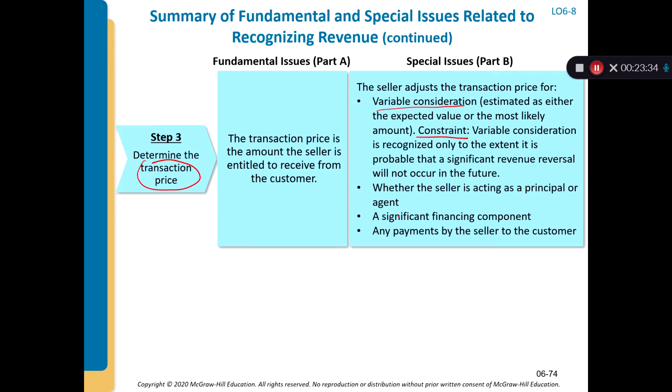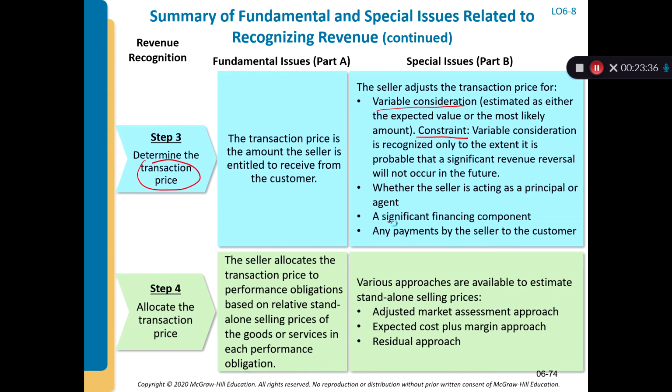And also there's a significant financing component related to prepayment and subsequent payment, if the time gap between payment and the selling point is more than 1 year. There's also the case where the seller rebates the customer, that is, any payment from the seller to the customer.